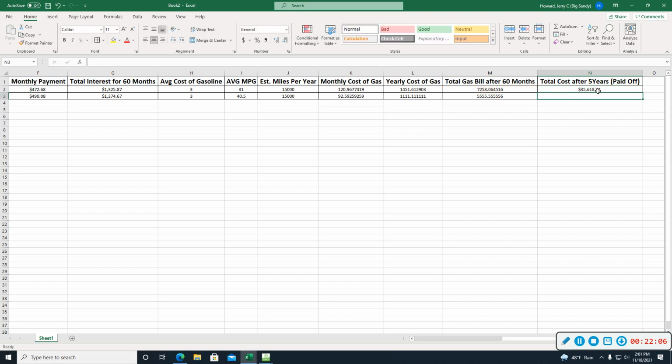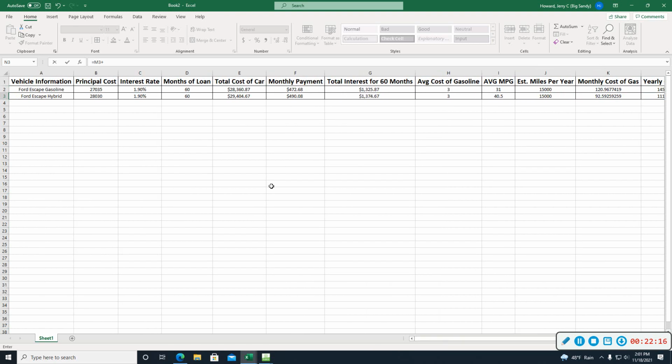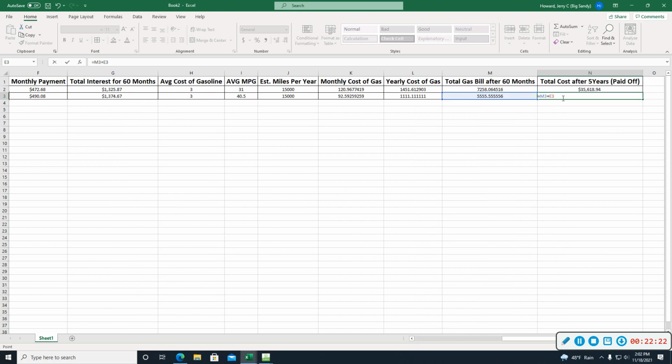There's the total. Do the same thing for the hybrid: the total gas bill, plus the total price of the car including interest. Make sure it put it on here. It does. And you're seeing here after 5 years, this is the difference.